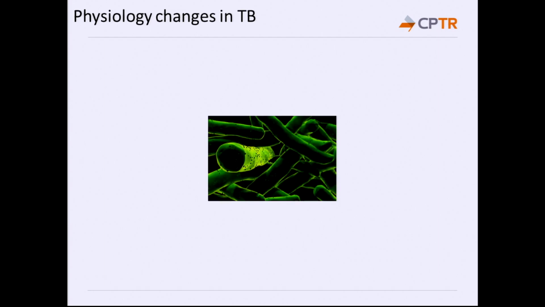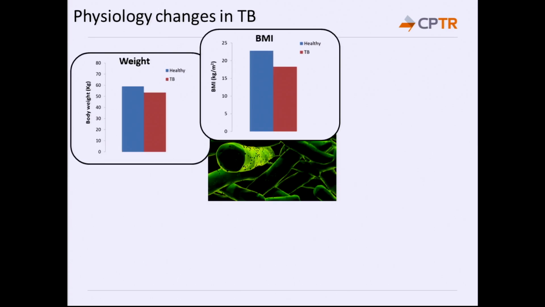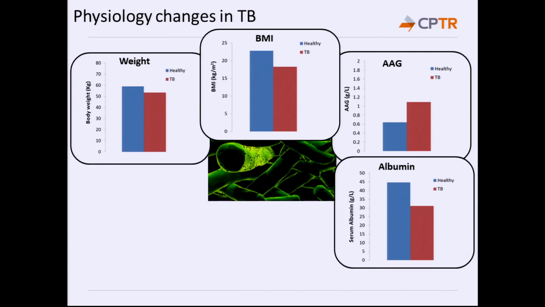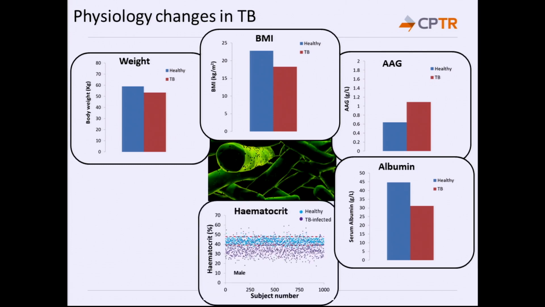We've also collected information that outlines some of the physiology changes that occur in TB infections so that we can account for that within the PBPK models as well. So we know about the weight changes and changes in BMI, but also some of the other things that will be important are increases in alpha-1 acid glycoprotein, which can affect the protein binding of the molecules and have influences on drug disposition, and also the decrease in albumin concentrations that we know occur during TB infection.